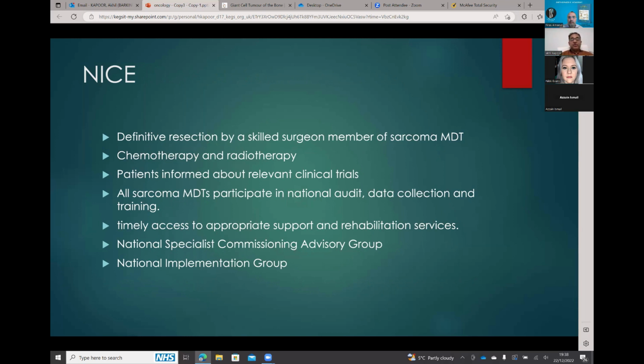Patients should be informed about relevant clinical trials regarding the specific cancer that has been diagnosed. All sarcoma MDTs should participate in national audit data collection and training. There should be timely access to appropriate support and rehabilitation services. There is a national specialist commissioning advisory group as well, and a national implementation group to supervise these NICE recommendations.